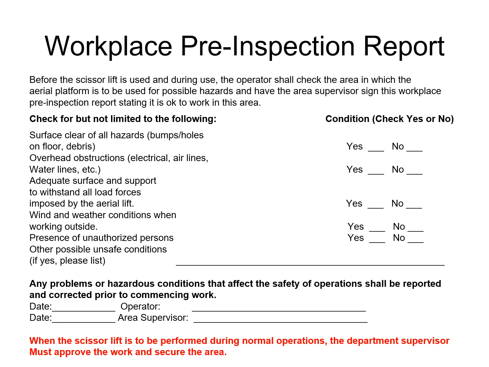This is a workplace pre-inspection report and it illustrates what should be checked and if the condition is good or is not, and then any problems or hazardous conditions that affect the safety of the operator shall be reported and corrected prior to commencing work.